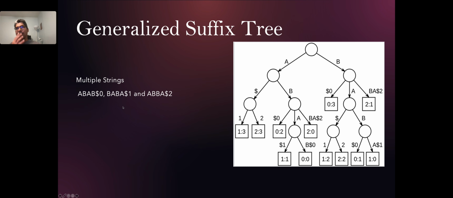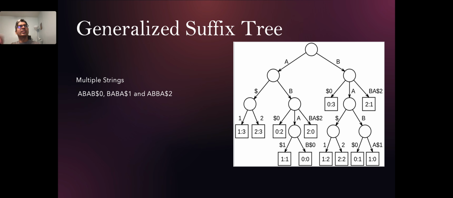So that's what this represents: a way to represent multiple strings, two, or n strings, in the same suffix tree. By the leaf nodes, we can say from which string a suffix is, and in which string that suffix is present.